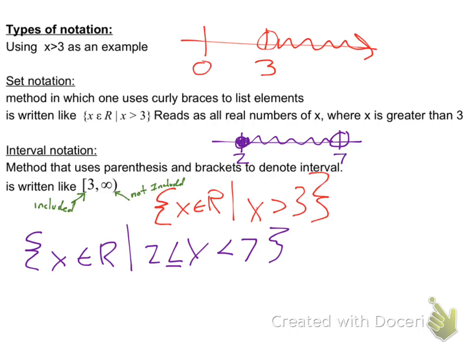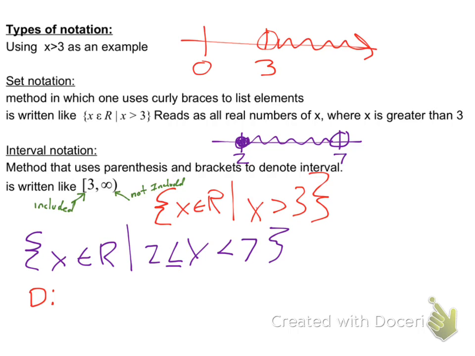So if I wanted to go back and restate the domain and range for the red stuff and the purple stuff, I'll go back to red. These ones may be a little bit easier. D, domain. It says 3 and up, right?